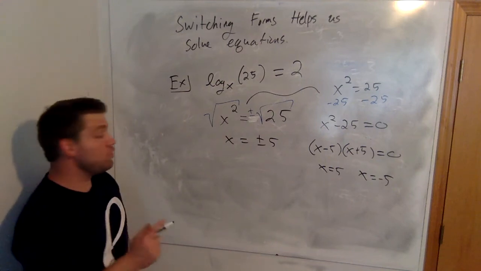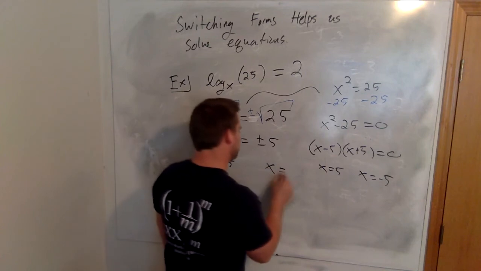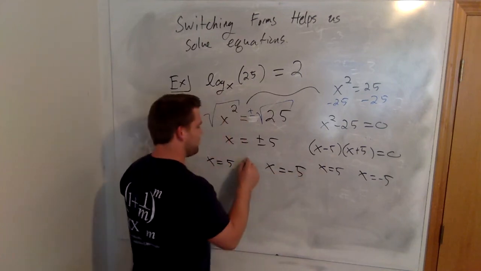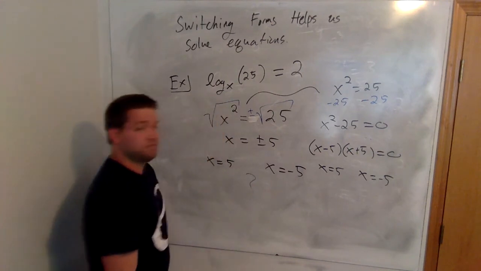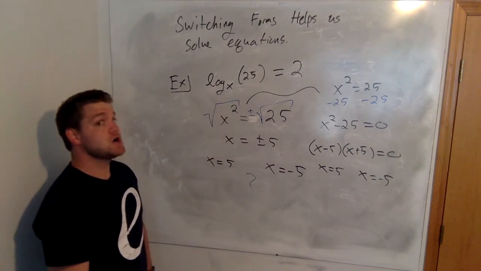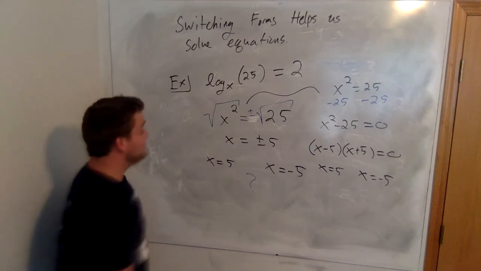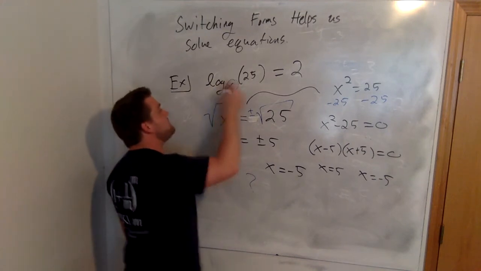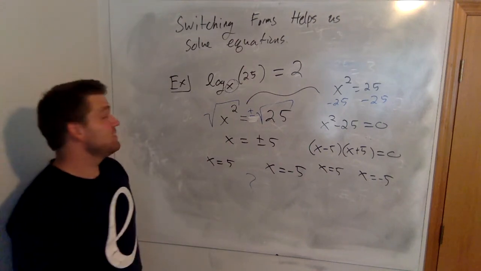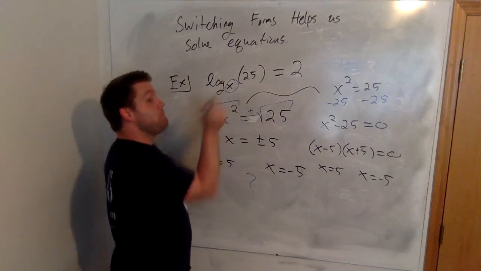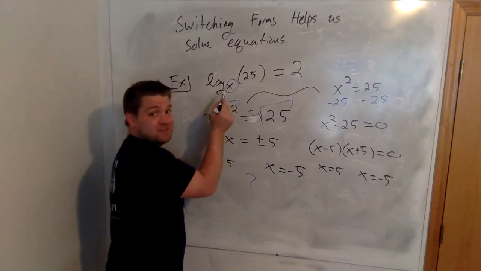Okay, but be careful. Is x equal to 5 and x also equal to negative 5? Are these both good solutions? No. What is x? x is the base of the logarithm, and remember we have restrictions on the base of a logarithm.